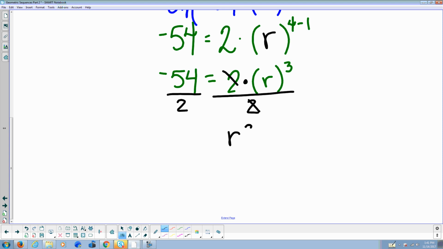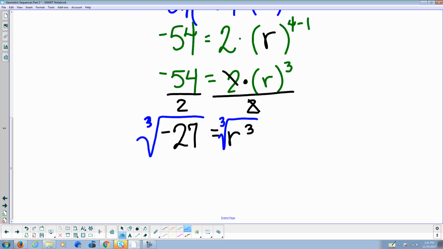So I have R to the third power is equal to negative 54 divided by 2, which is negative 27. So I need to find out what R alone is. To do that, I need to undo R to the third power by taking the cube root.